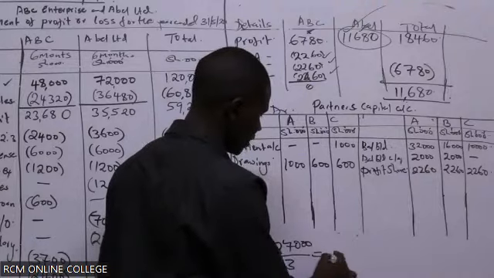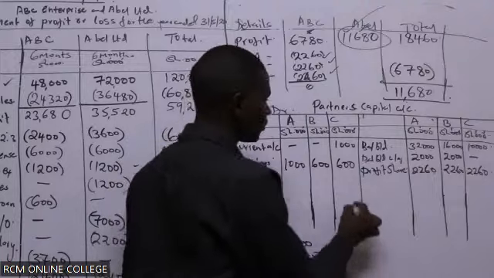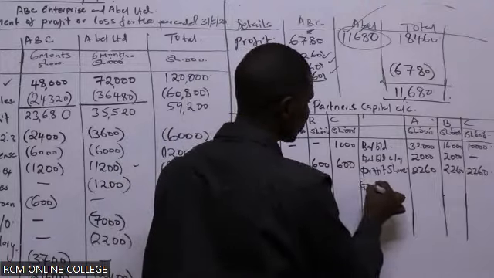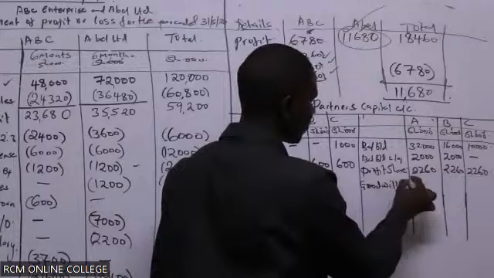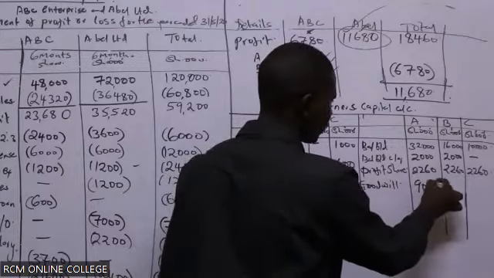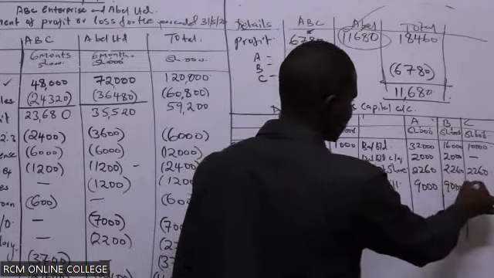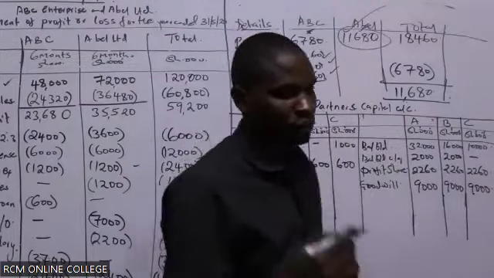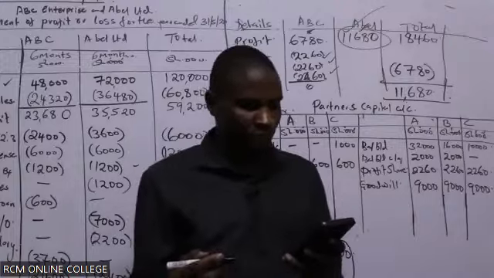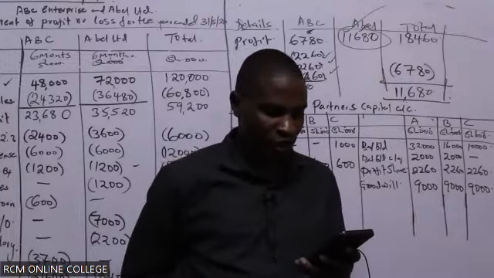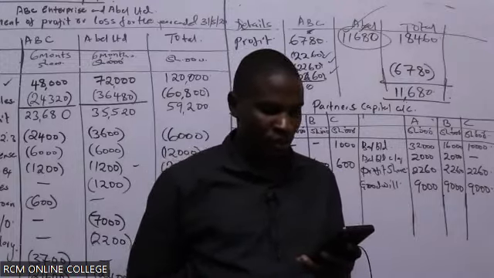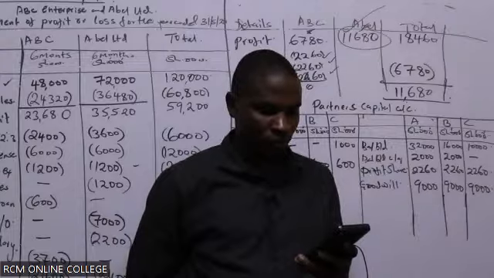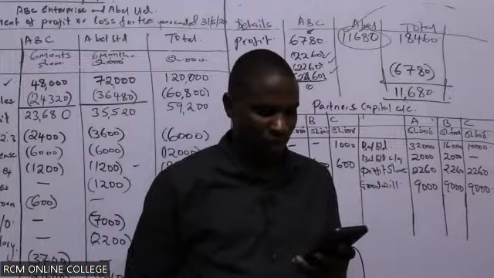So kila partner ataenjoy goodwill ya ngapi? 9,000. Goodwill hapa before it was written off. Sasa writing off itaenda ku affect kampuni, right? Goodwill kila mtu atapata 9,000. Any other item that they enjoyed?